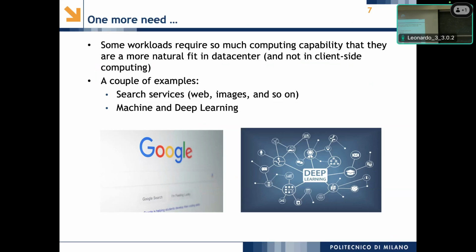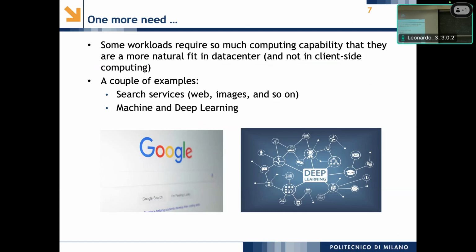And finally, in a search you have to be very fast, right? If you type in a search in the search engine of your choice, you get an answer in a few milliseconds. And usually a single query runs on 100 CPUs. It's not a single server that is computing the answer of your search, but the single search is supported by several nodes that run together and provide the answer.